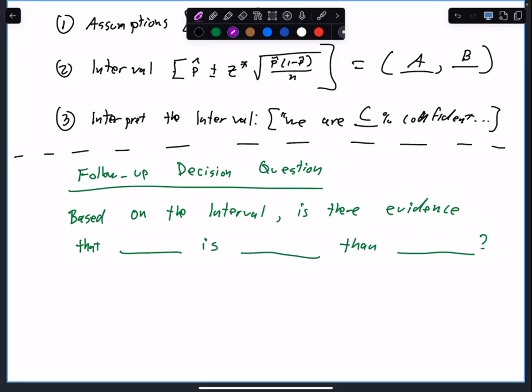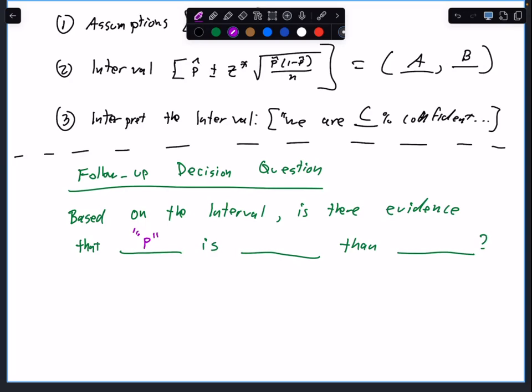What goes in here is the parameter. Is there evidence that the parameter, well, what is our parameter in this case? What's the parameter that we're trying to investigate? p. The parameter is p.